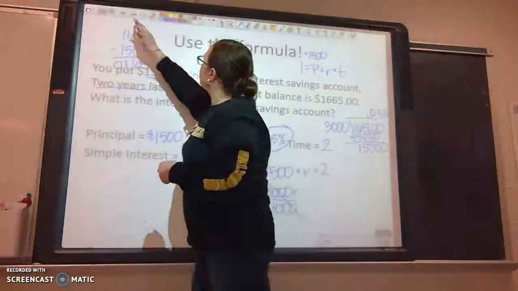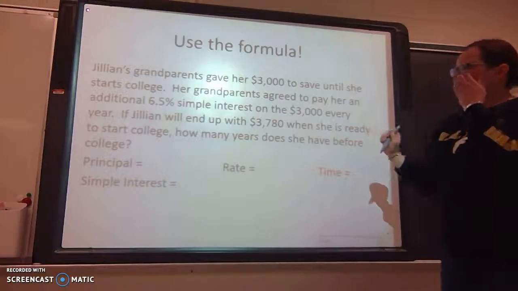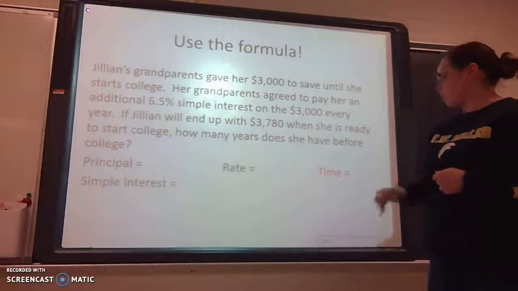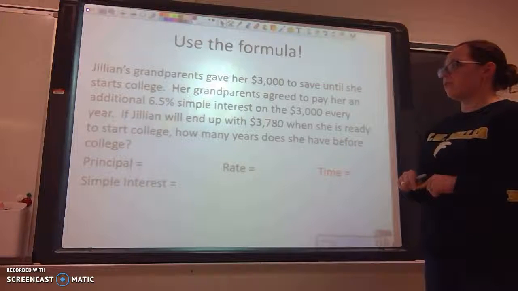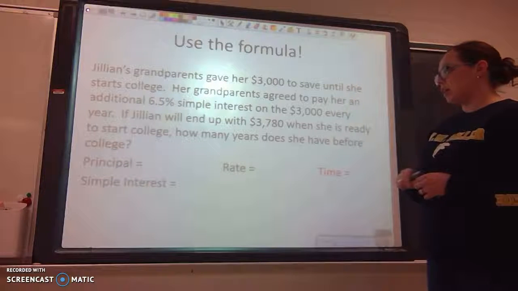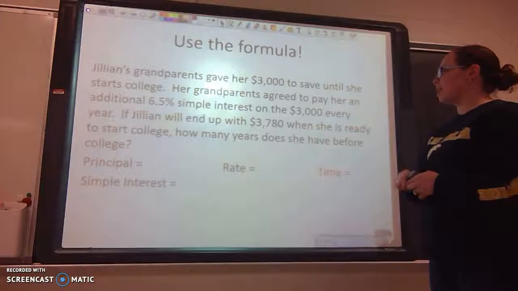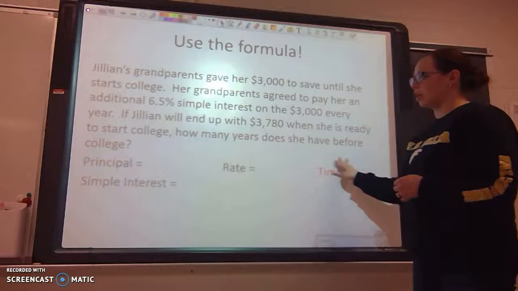All right, one last one. Jillian's grandparents gave her $3,000 to save until she starts college. Her grandparents agreed to pay her an additional 6.5% simple interest on the $3,000 every year. If she will end up with $3,780 when she's ready to start college, how many years?